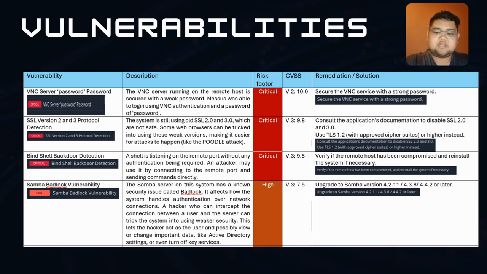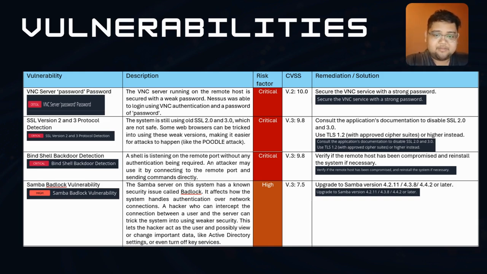The next is SSL version 2 and 3 protocol detection. The system is still using old SSL 2.0 and 3.0, which are not safe. Hackers can use this to steal or read private information. Some web browsers can be tricked into using this weak version also, making it easier for attacks to happen, like the POODLE attack.